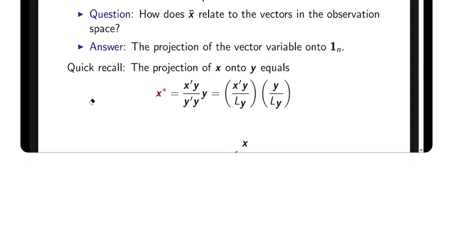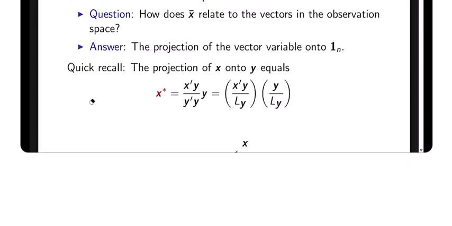Now take a look at this question. How does the sample mean relate to the vectors in the observational space?